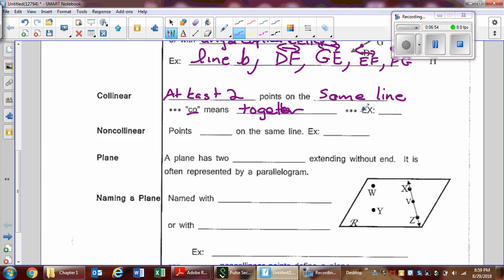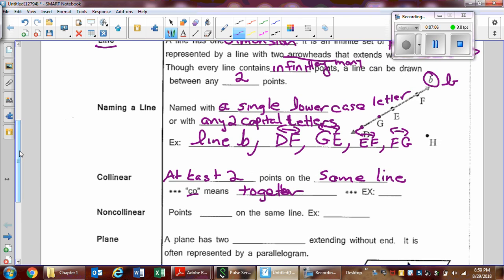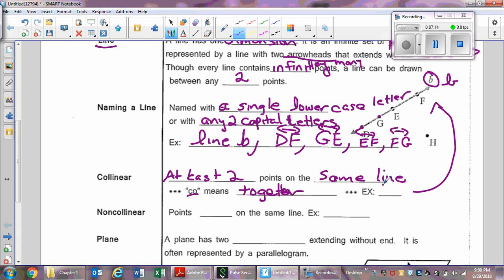Together. Okay, together. And in this case, I can show you, for example, the line in this example here. From this, I can say points G, E, F are collinear points, because they're on the same line.